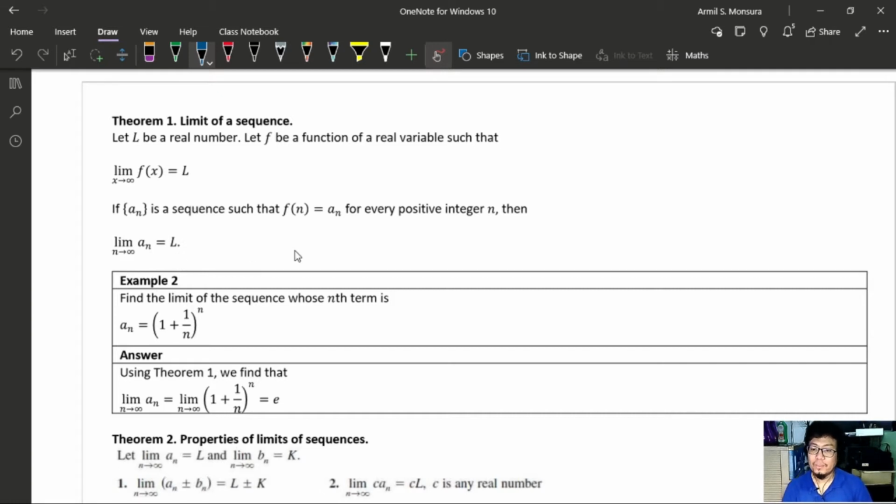Here's the thing. What we only studied are the limits for continuous functions, such as f of x, where f of x is a continuous function.